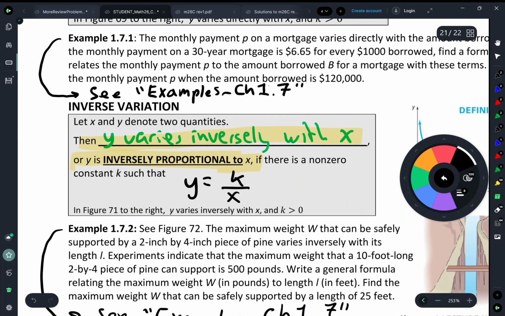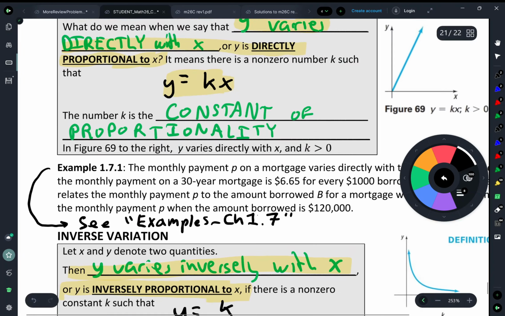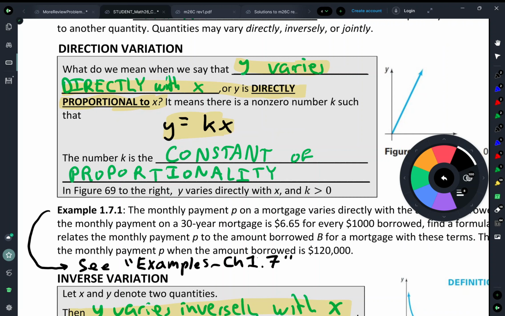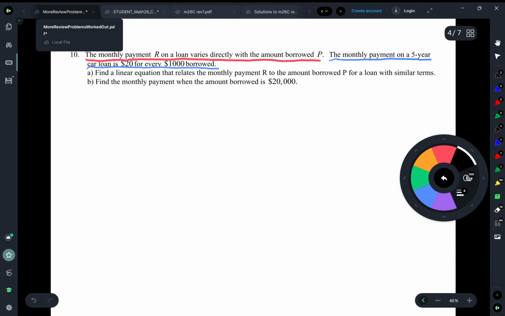The formula for inverse variation is y equals k over x. Once again, y and x are variables, and k is some constant, which usually we do not know right out of the gate. So for this problem, it mentioned that our two variables vary directly with each other. The monthly payment R on a loan varies directly with the amount borrowed P.